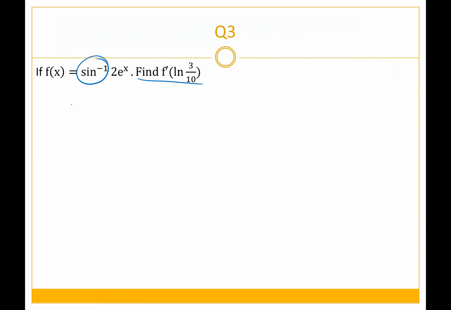The derivative of inverse sine is going to be the derivative of 2e^x divided by the square root of 1 minus 4e^(2x).